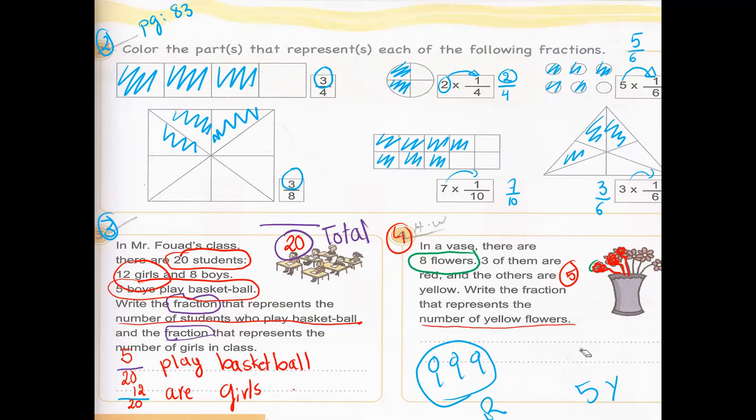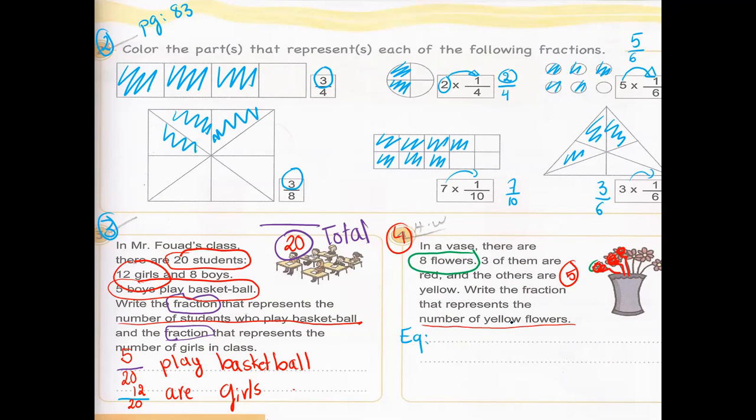So the rest are yellow. What do I mean by the rest? I will subtract 3 from 8. The rest will be 5. So now I write the equation in order to know the number of yellow flowers. We don't know the number of yellow flowers. But in the previous problem, I gave you everything: the number of girls, the number of boys, the number who play basketball.